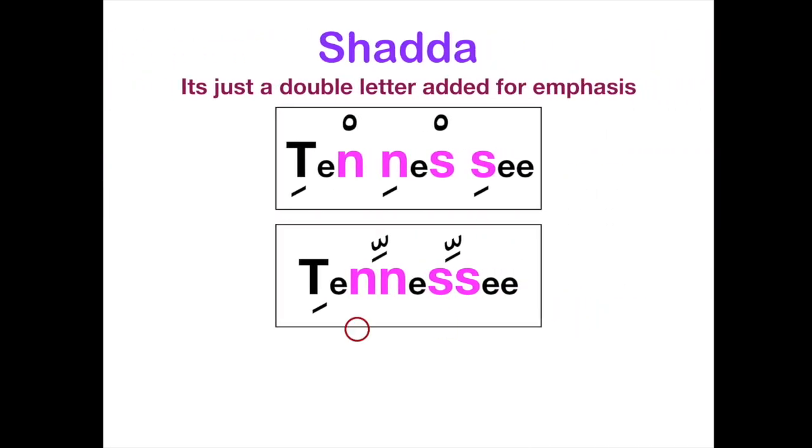Now, because of these two N's, we don't want to write too many letters in Arabic. So you merge the two N's, and this would be the symbol to show you that there is a double letter. And again here for "ness," merge them together and you have that symbol. There's no point writing two N's because this symbol tells us that there's a double letter.